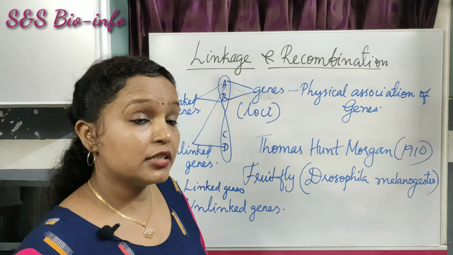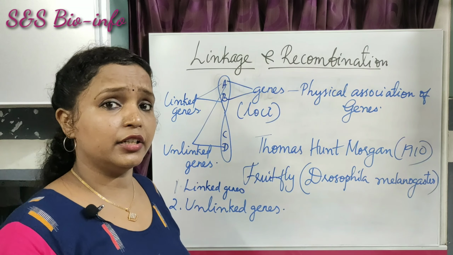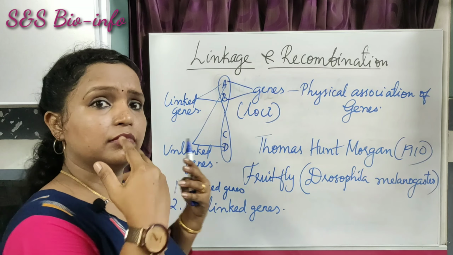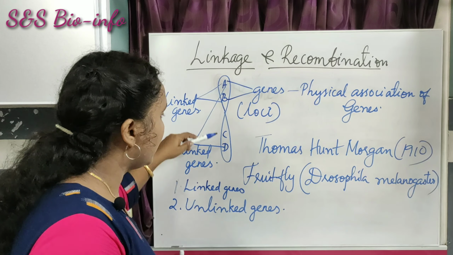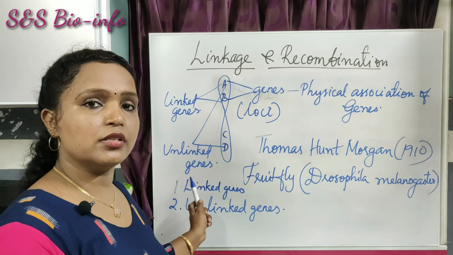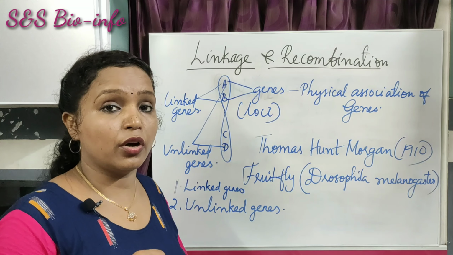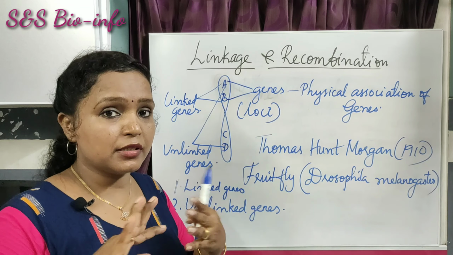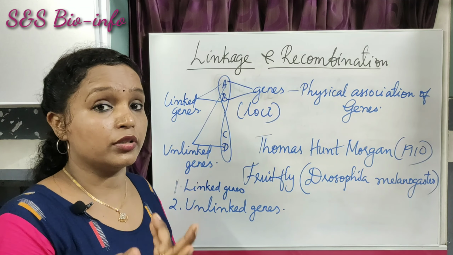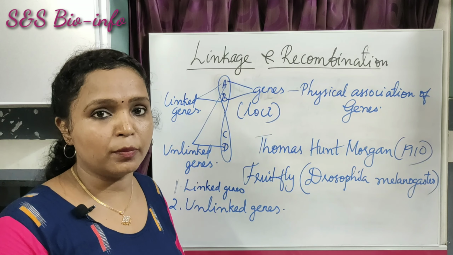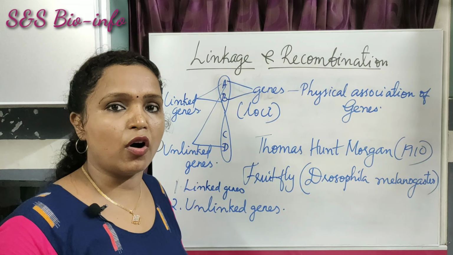Unlinked genes are present not only on the same chromosome but also on other chromosomes. So here A and D are unlinked genes. Here there is more chance of crossing over, that means formation of recombinant types. The alleles or genes show independent assortment.